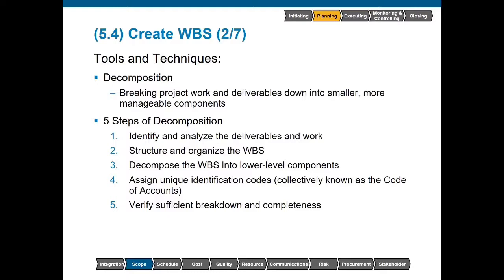But what we want to have is for every piece of the WBS, everything gets its own unique identification code. That way there is no confusion. And we want to verify that we have a sufficient level of breakdown and completeness. As we start looking at the WBS, I'm going to give you a couple tips on how you'll know when you get to the bottom of it, when you get down to that work package level.